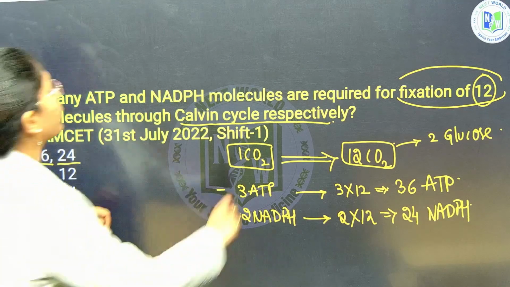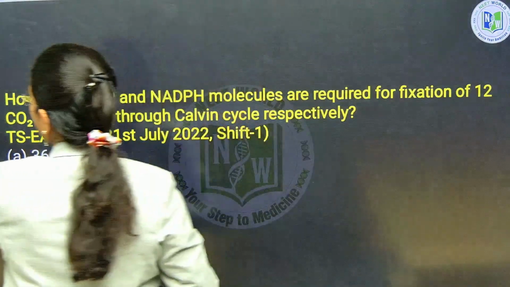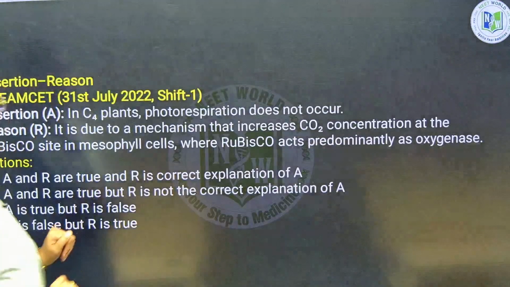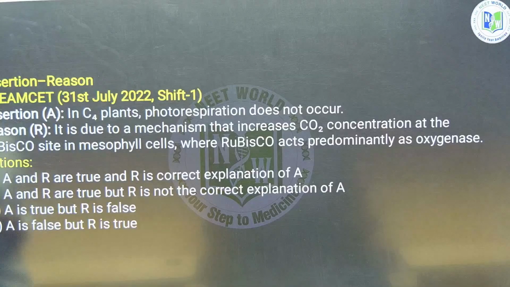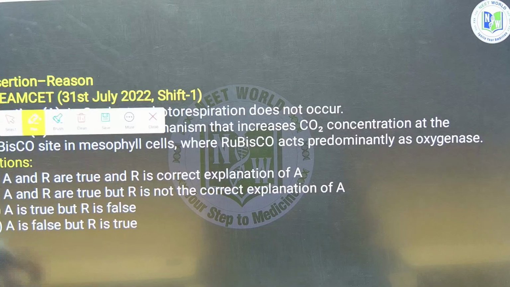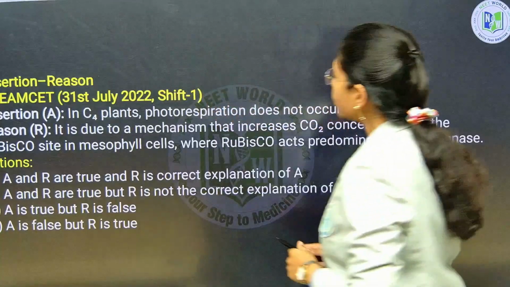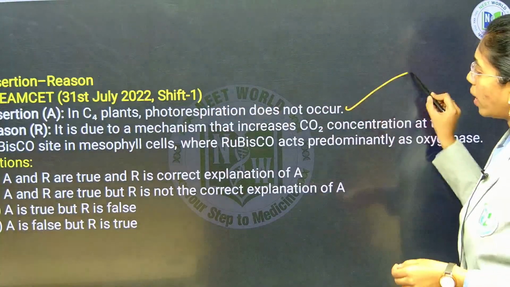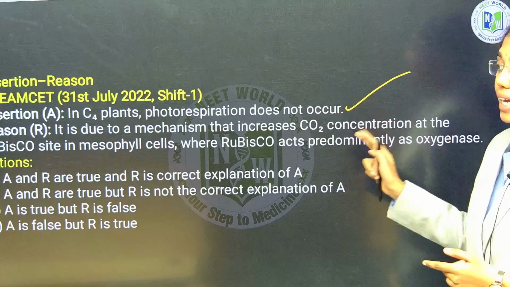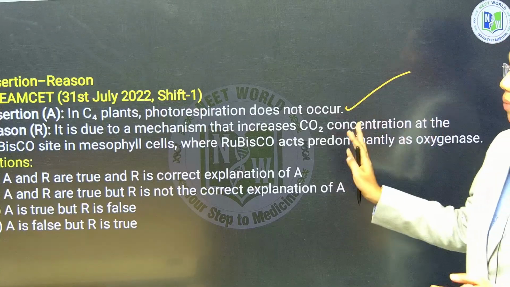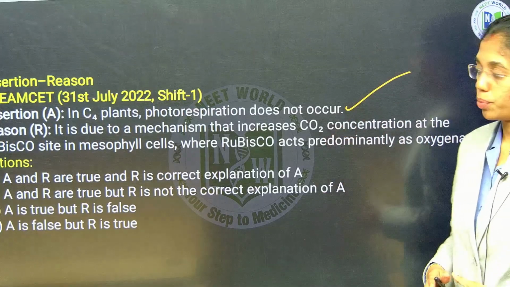Now look at this question, which is assertion reason type. In the assertion, in C4 plants photorespiration does not occur, which is 100% true. This is the second time we are seeing the same statement on photorespiration of C4 plants.